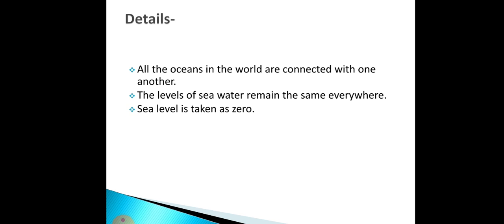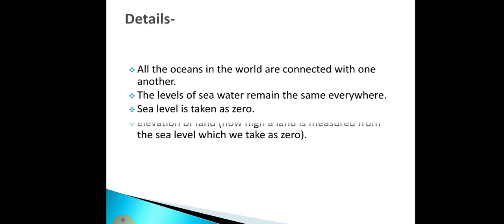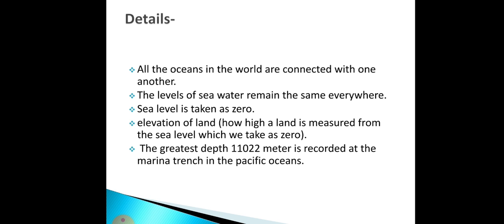We consider the sea level as zero, and the height of the land is measured from the sea level, considered as zero. The greatest depth, 11,200 meters, is recorded in the Mariana Trench, which is present in the Pacific Ocean.